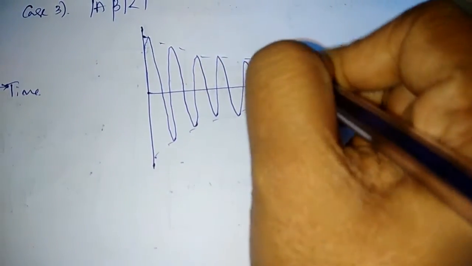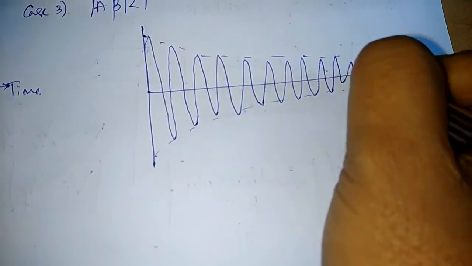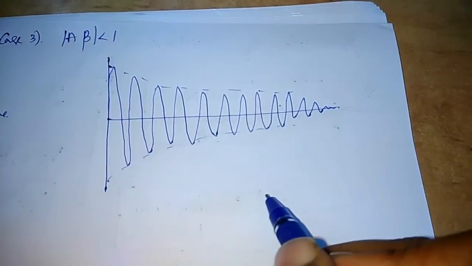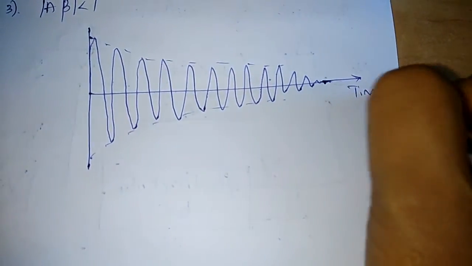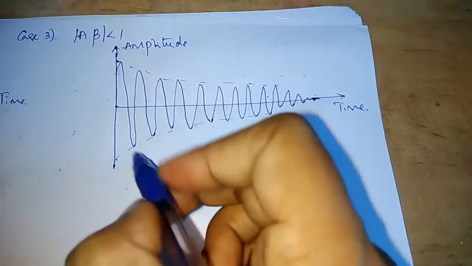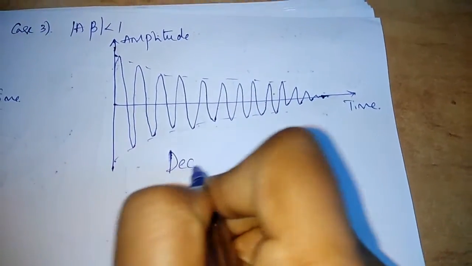Initially it will have a very high amplitude, and as time goes on the amplitude decreases. This type of waveform you will get when A beta is less than 1. This is called decaying signals.